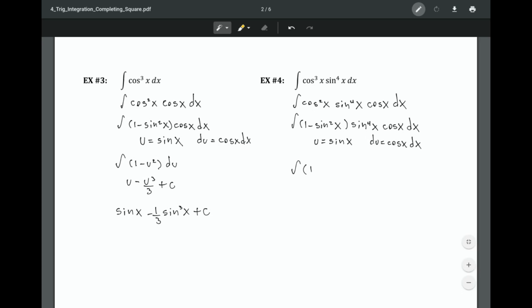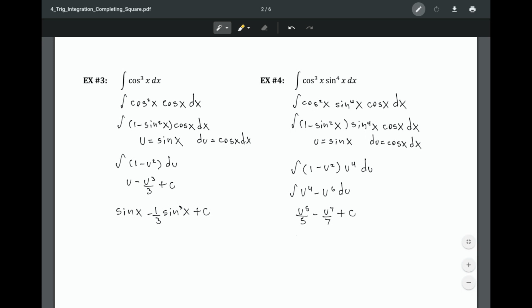So we have 1 minus u squared times u to the fourth, and cosine of x dx is just du. I'm going to distribute that u to the fourth. So I have u to the fourth minus u to the sixth du, and I'm going to go ahead and integrate now. As you can see, this one's not too bad at all.